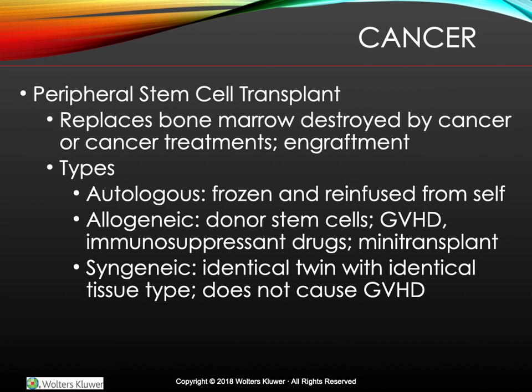So, we have autologous treatments, which is frozen or reinfused from the patient itself. We have allogenic, which is from a donor person. And then we have syngeneic, which is identical twin or identical tissue type, that's also used. So we have these three different types of stem cell transplants.